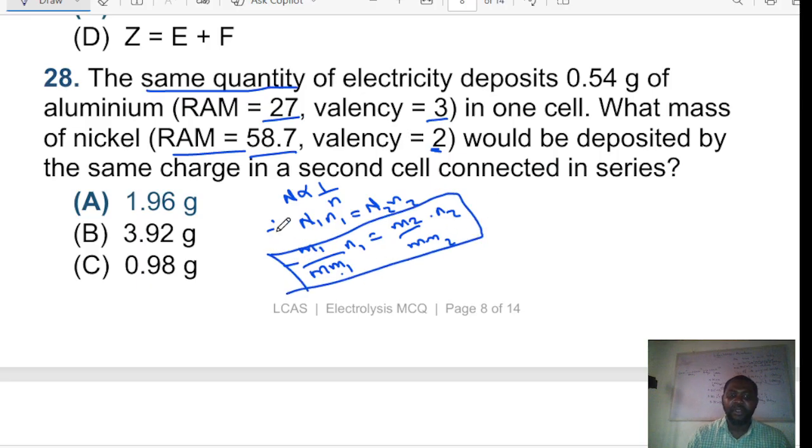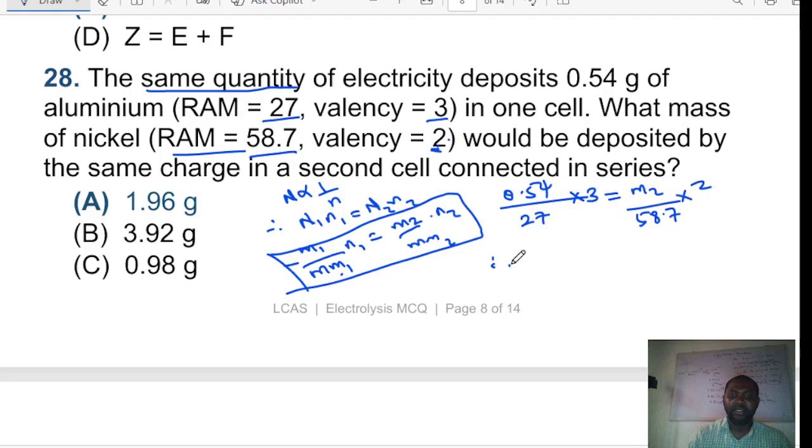Very easy. So for M1, we take the mass of aluminium, which is 0.54, divided by the molar mass of aluminium, 27, times the valency, or the number of electrons involved in aluminium, which is 3, equal to the mass of nickel, which is what we are looking for, so I'll call this M2, divided by the molar mass of nickel, 58.7, multiplied by the valency, or the number of electrons, which is 2.